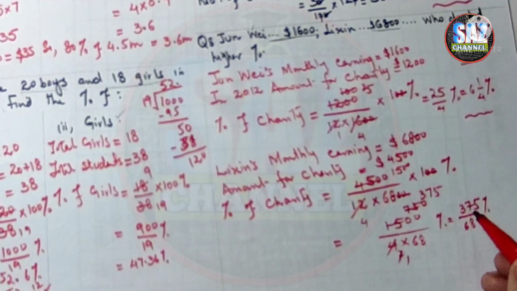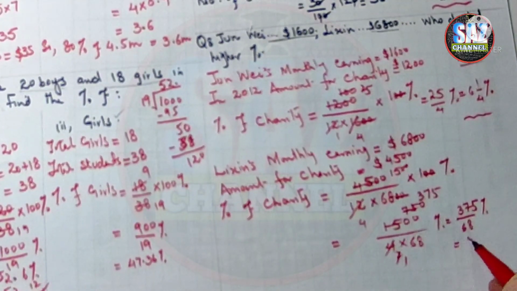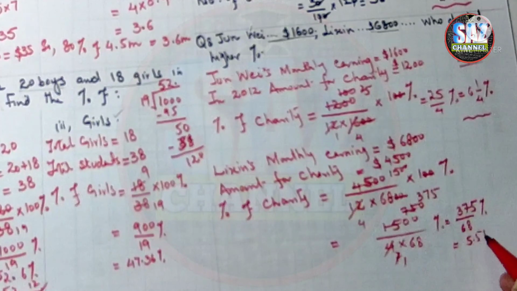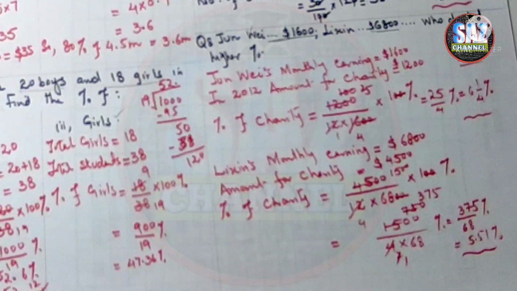So 375 divided by 68, and this gives me 5.51%.